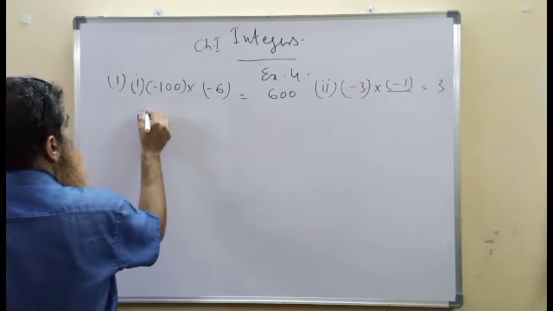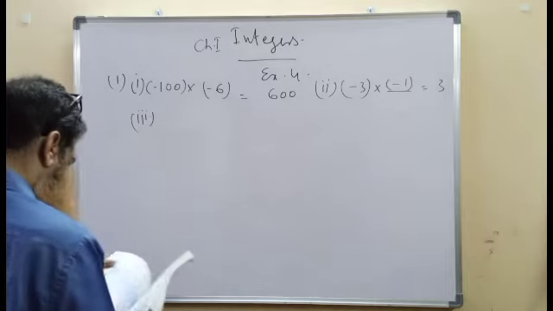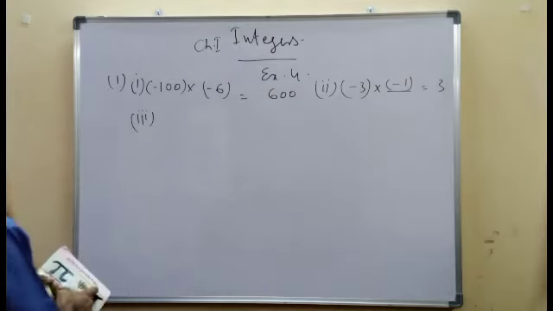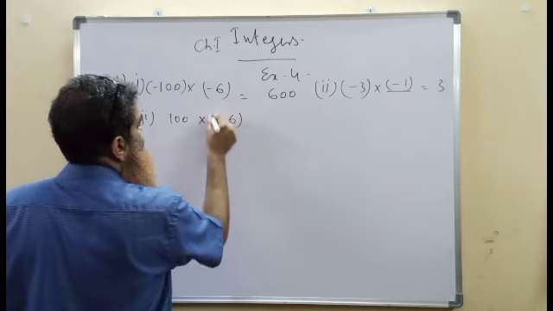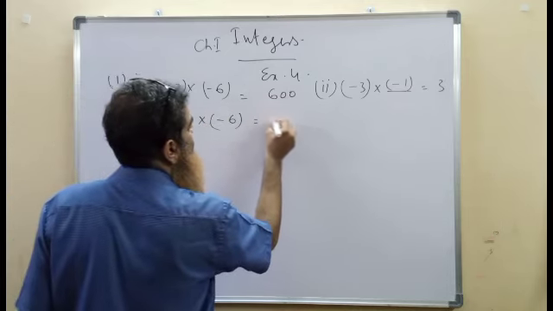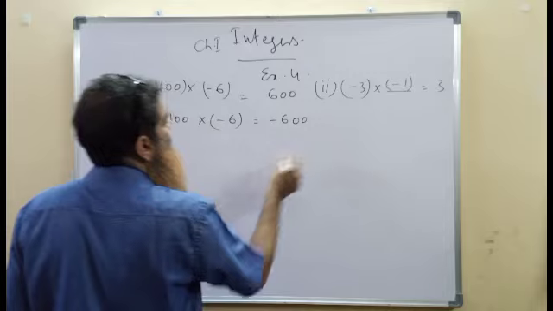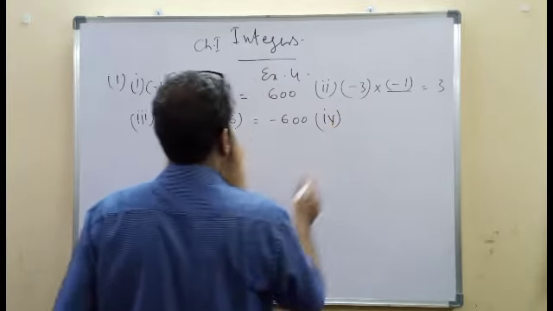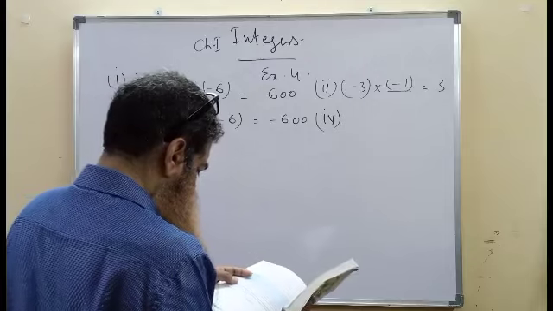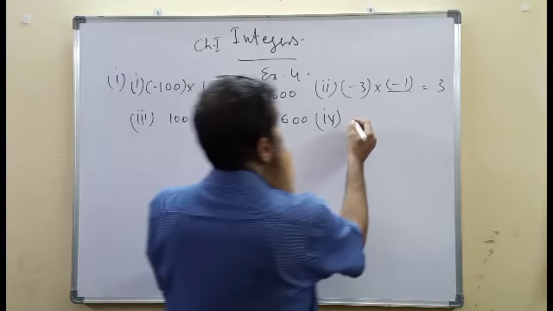Third bit, 100 into minus 6. There is only one negative integer, so we get a negative integer as the result, minus 600. Fourth one, minus 20 into minus 10.